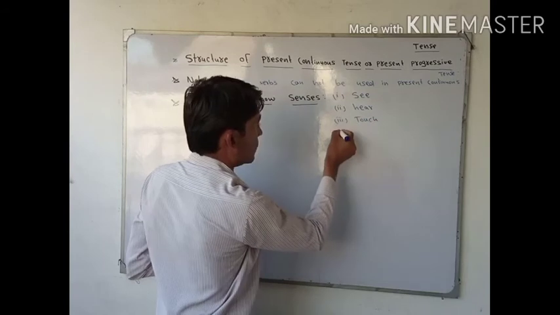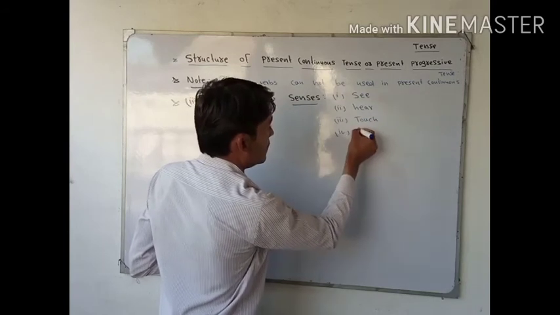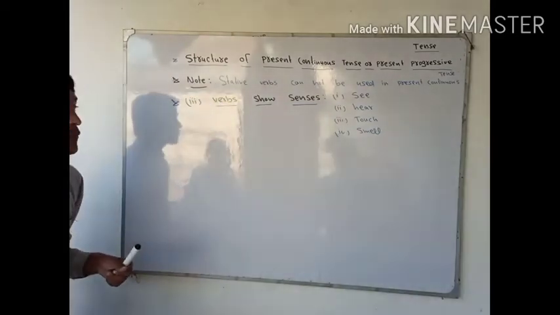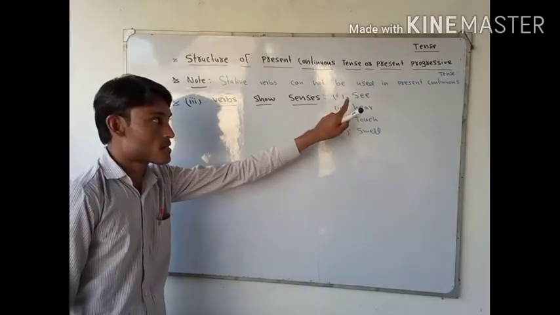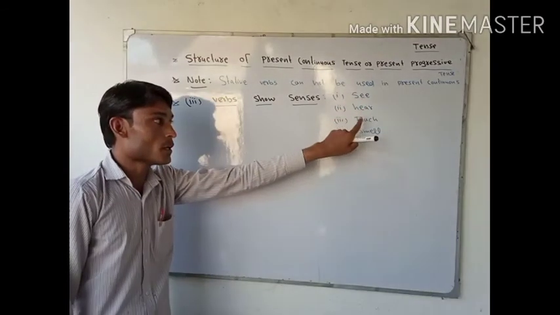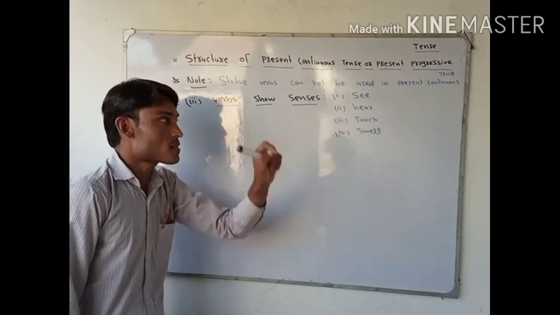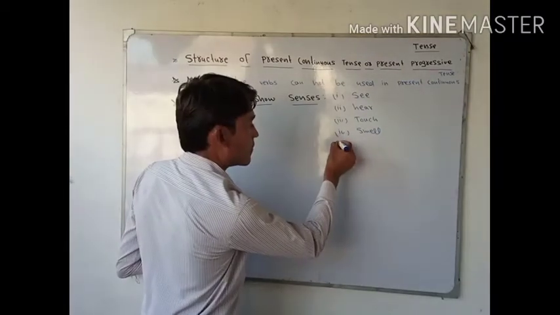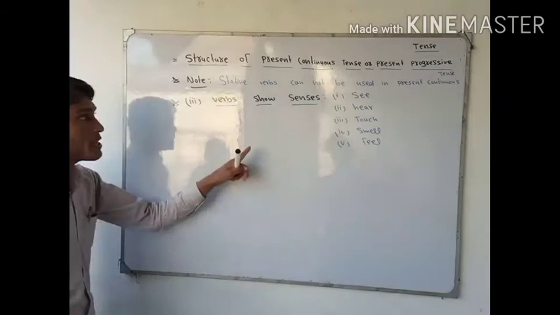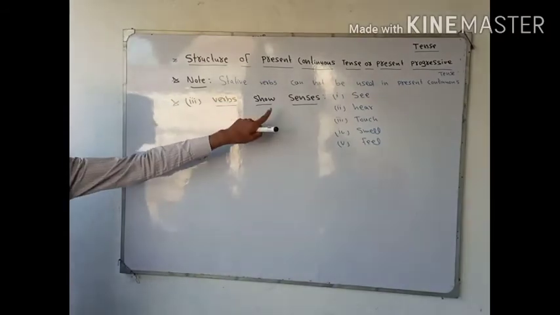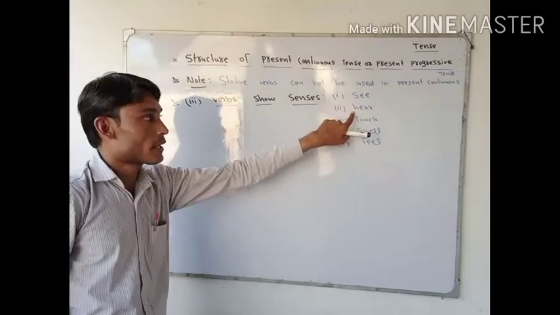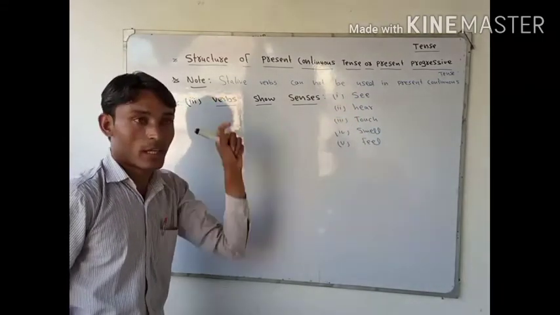And the fourth verb is smell. The fifth one is feel. So these are called sense verbs: see, hear, touch, smell, feel, etc.